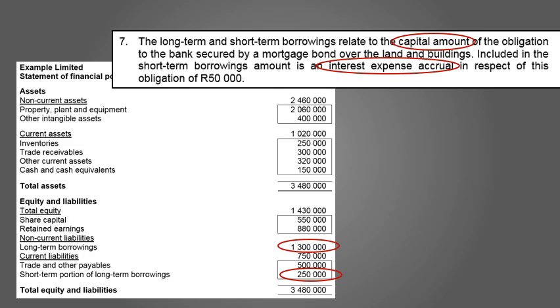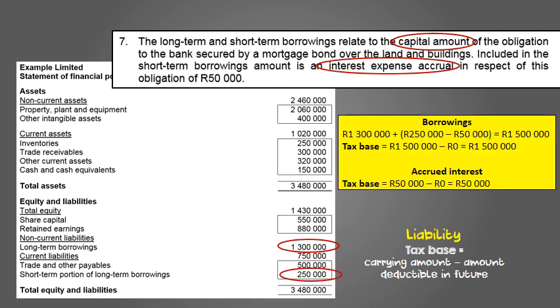Therefore, we have to split the long-term borrowings and short-term portion of the long-term borrowings between the borrowings balance and the interest expense accrual balance in order to calculate the tax base. The tax base of a liability is the carrying amount less the amount that will be deductible in future.